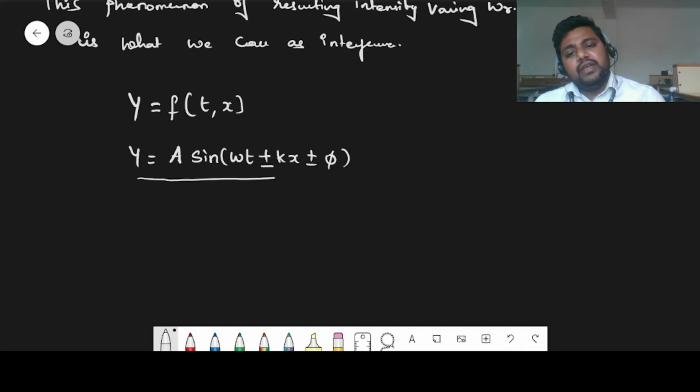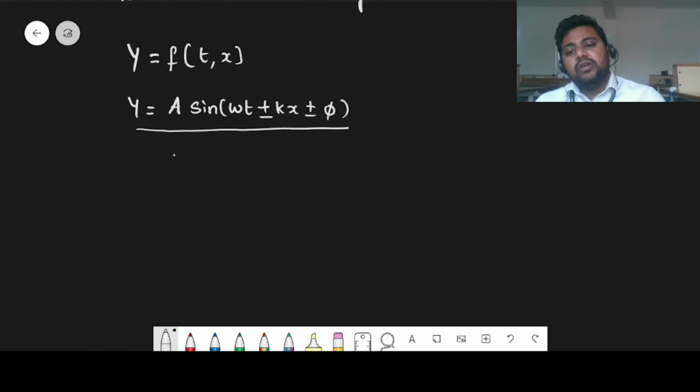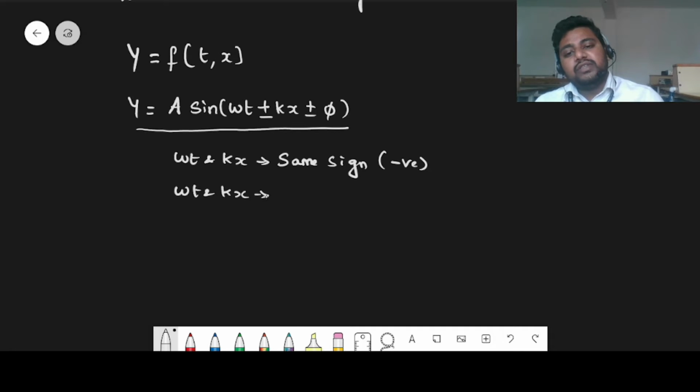You know how the equation is written depending on whether the wave is traveling in positive x direction or negative x direction. If omega t and kx have the same sign, then the wave is traveling in the negative direction. If omega t and kx have opposite signs, then the wave is traveling in the positive direction.